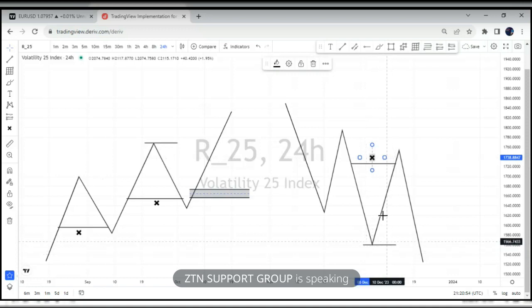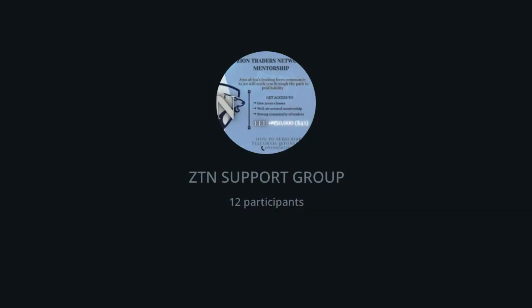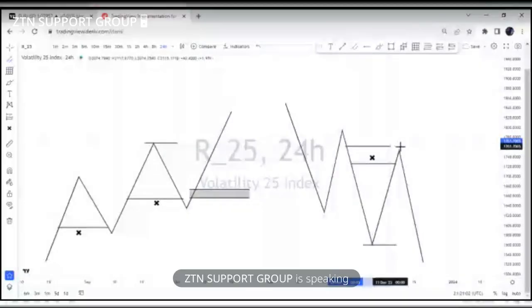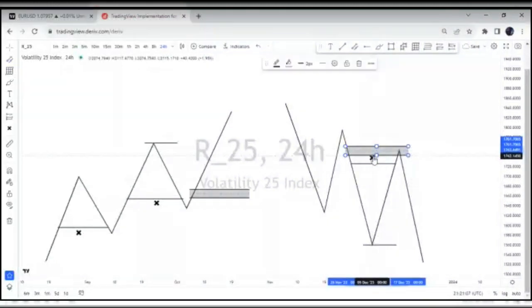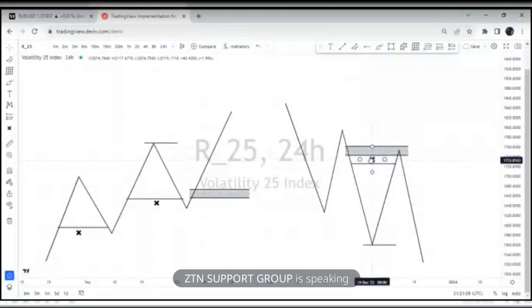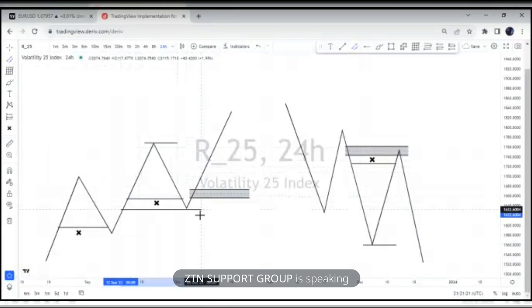For example, as this liquidity was taken out, probably there is an imbalance above right here that was filled. That is the smart money move I am looking to play. So when this low was swept, there most likely was an IPA right here that was filled.